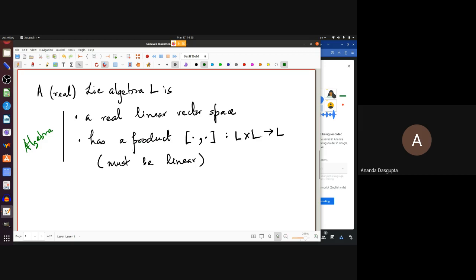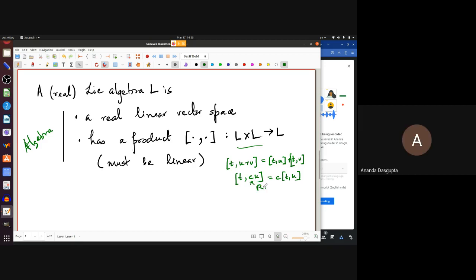And in addition, you have a product defined on that vector space. A product is something which takes two elements of the vector space to another element. Not just that, in order to qualify as a product, it must be linear. In other words, T(U plus V) must be TU plus TV, or T times CU is C times TU, where C is just a real number.